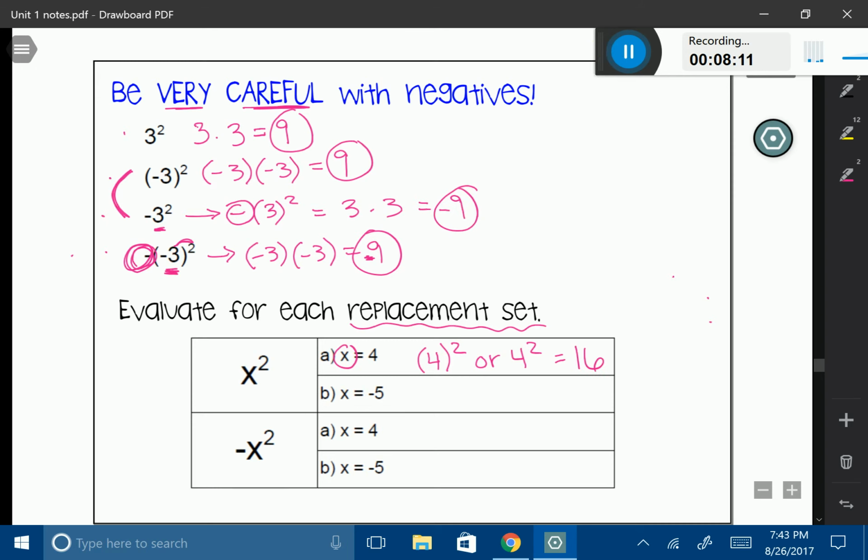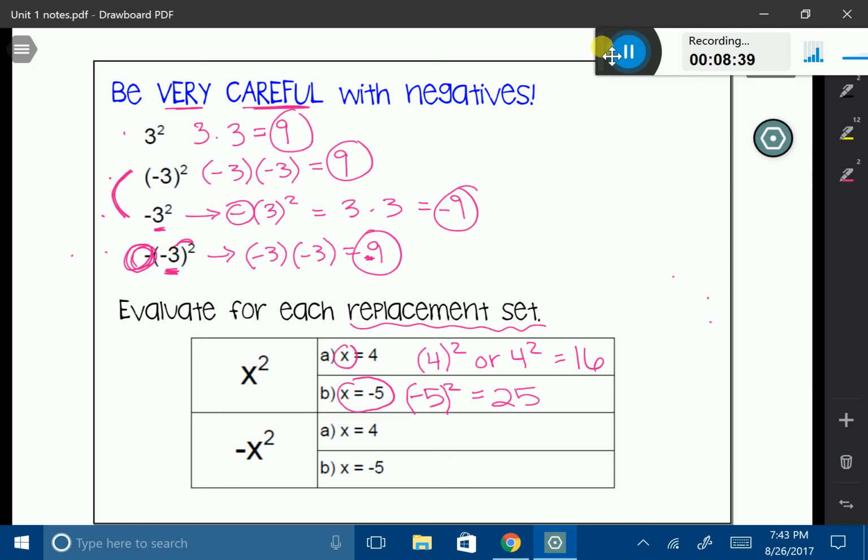X is negative 5. Well, if I did this and I squared it, isn't that different than negative 5 in parentheses? So if you're given the replacement value of negative 5, you want to make sure that you put that negative 5 in parentheses because that is going to yield a positive answer. By the way, anytime you ever square something, your answer is always going to be positive.